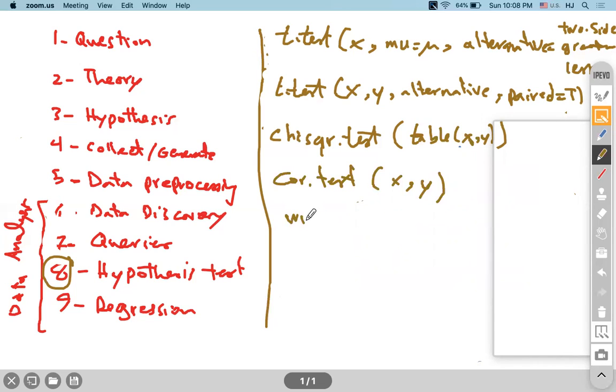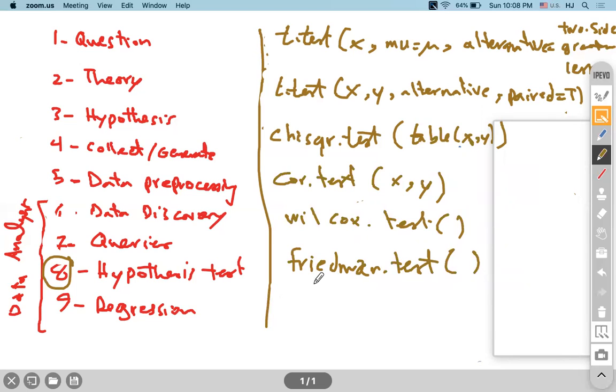So let's say you can apply Wilcox dot test as well in R. You can apply Friedman dot test as well. You can apply all other tests, like the non-parametric tests, in the same way. What you need to do is just write the name of the test dot test, and you'll be able to apply the test. Now, talking about the last part, which is regression.